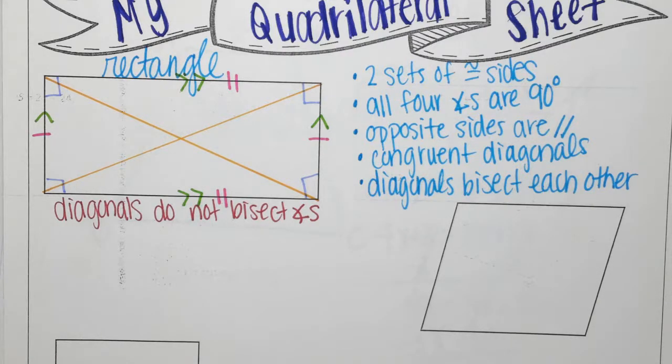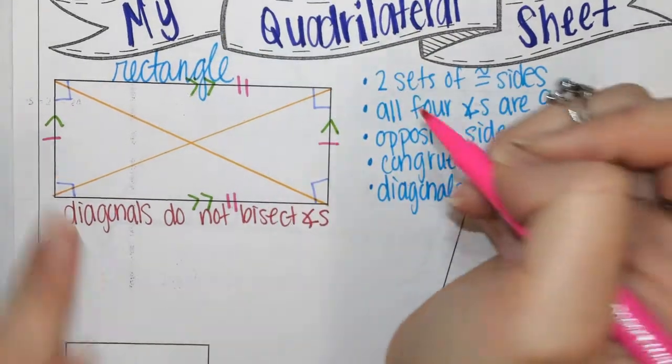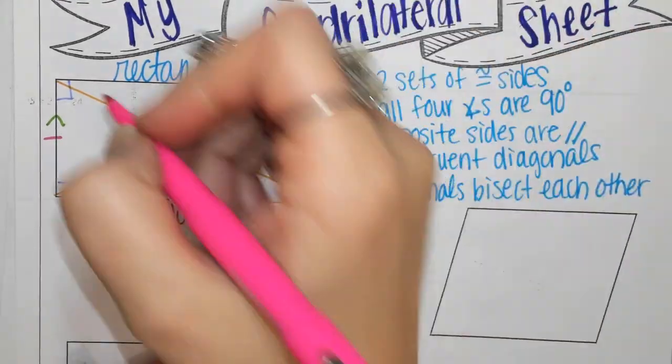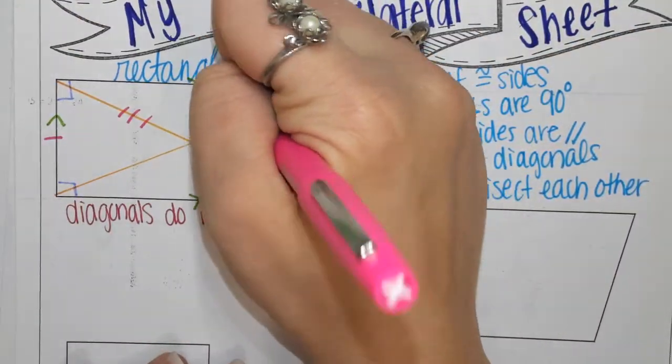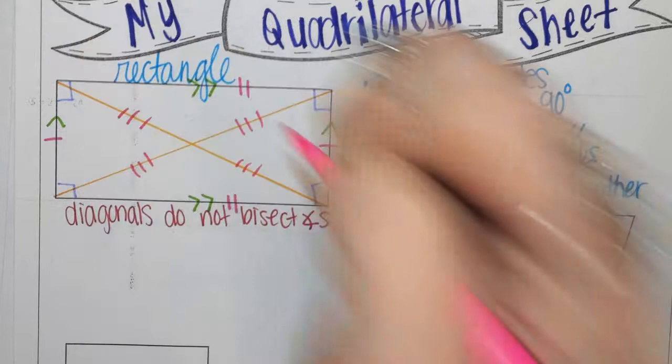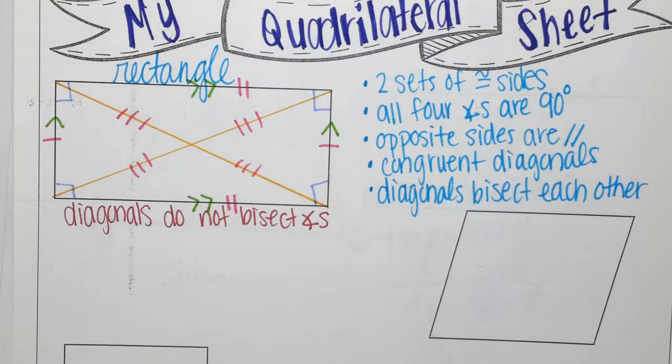Okay. Now that we know that, how many tickies should we put on each half of our diagonal? 3. Okay. How do we feel? Why is there 3 tickies on each of them instead of 2 on 2 and 1 on 1?